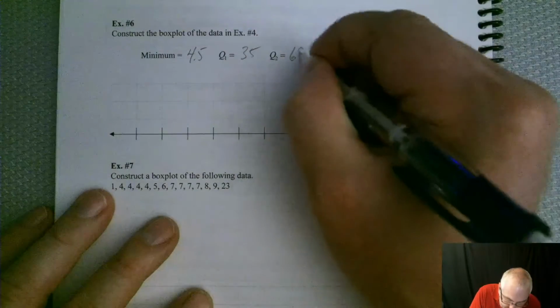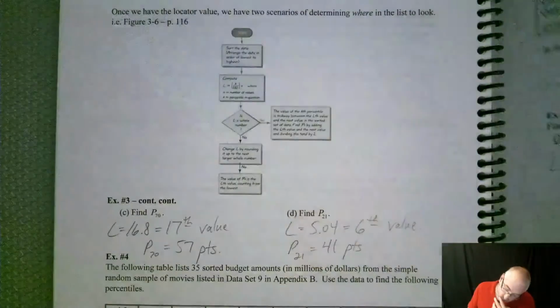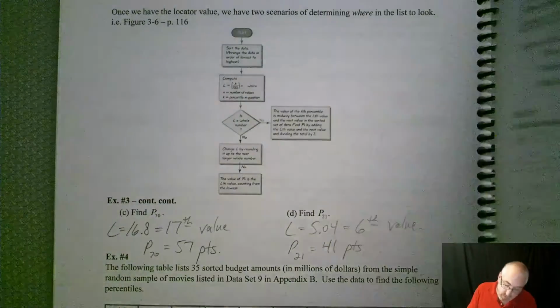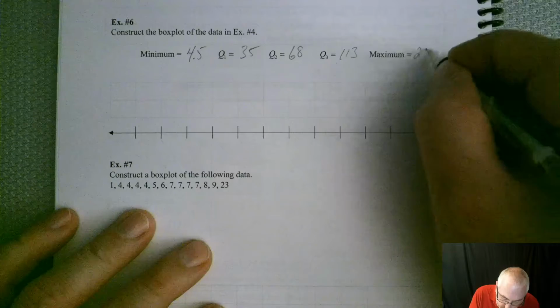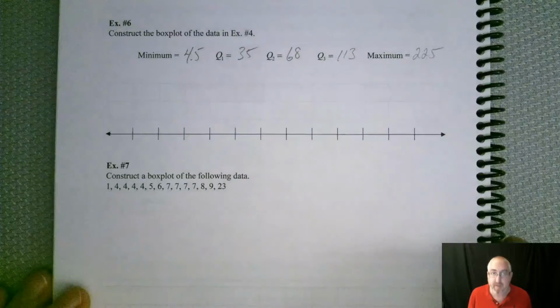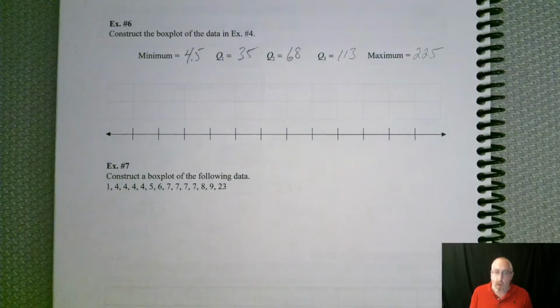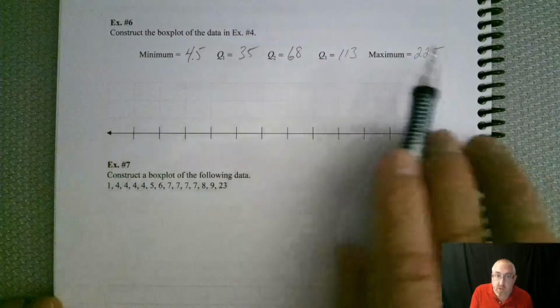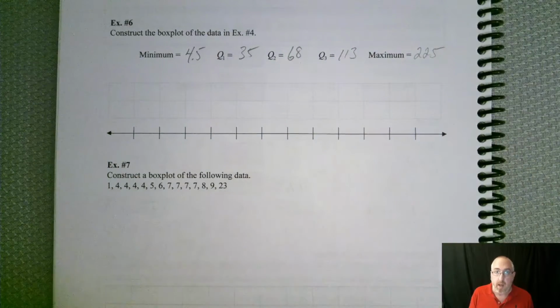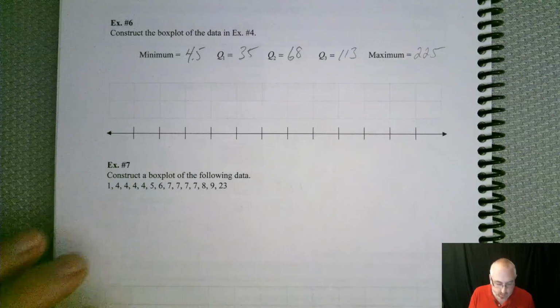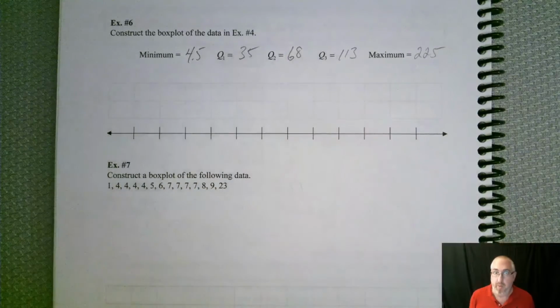And then 68, and then 113, and then the maximum is 225. We want to make sure we at least get these 2 extremes on our number line somewhere, and then the rest of them will be in there as well.